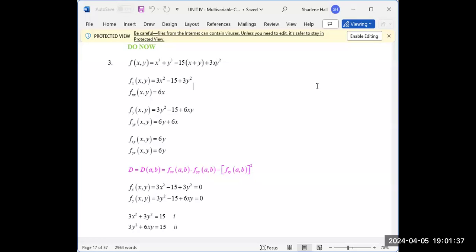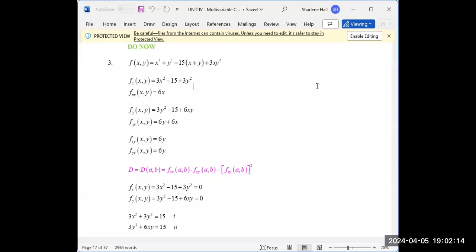So whenever you get a question like this, even if you don't know what the question is asking for just yet, once you see the multivariable function that is given, go right ahead, and there are 6 calculations that you are expected to complete: f subscript x, f subscript xx, f subscript y, f subscript yy, f subscript xy, and f subscript yx.